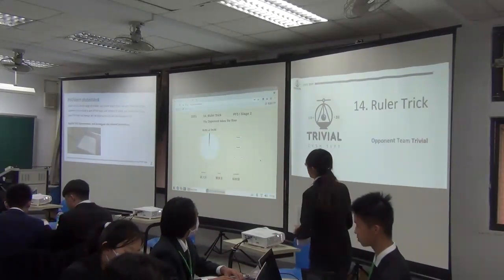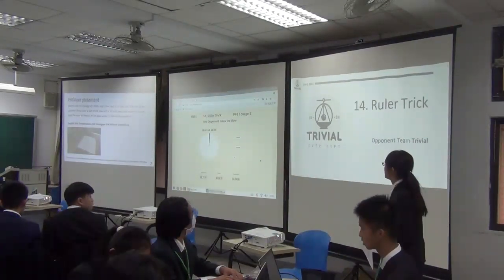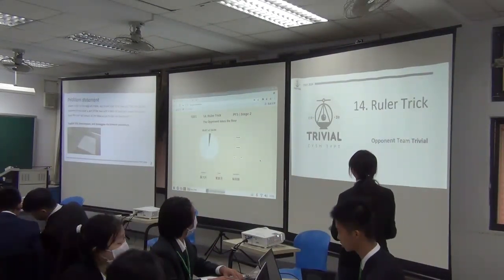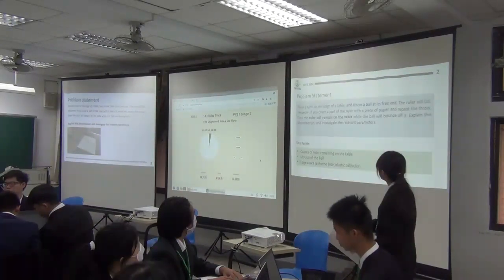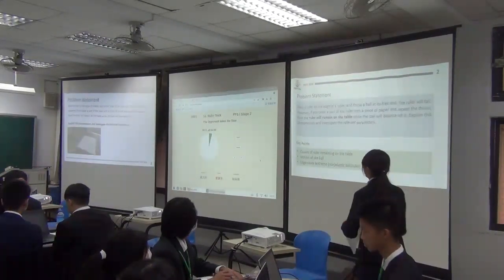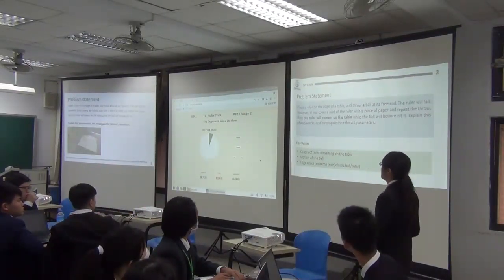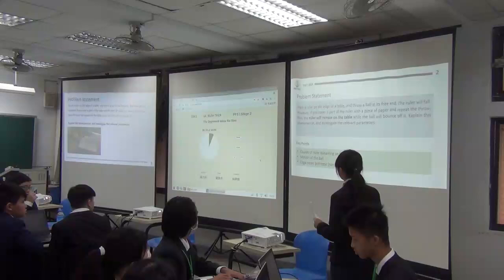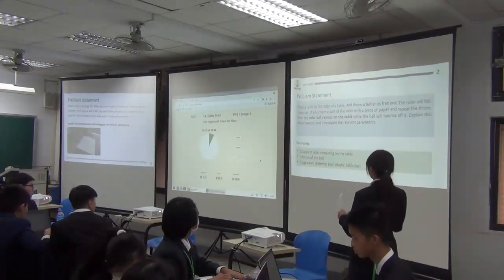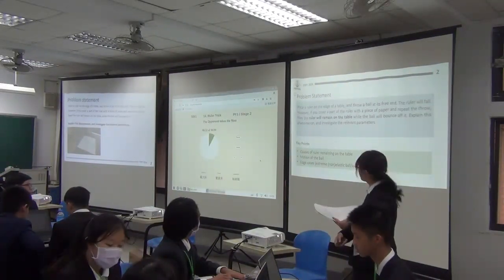So, honorable judges and fellow competitors, this is Team Trivial, and I'm going to report on problem 14, ruler trick. So, the problem statement is the above, and we think the key points are the causes of the ruler remaining on the table, the motion of a ball, and the edge cases, for example, the extremely elastic ball or ruler.